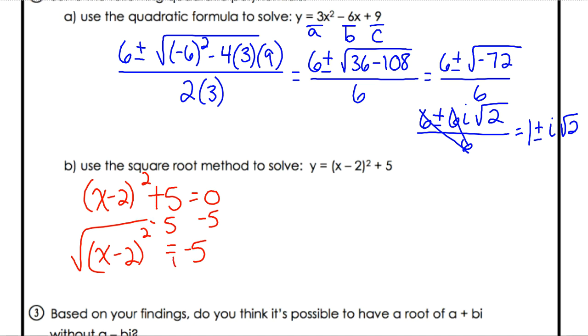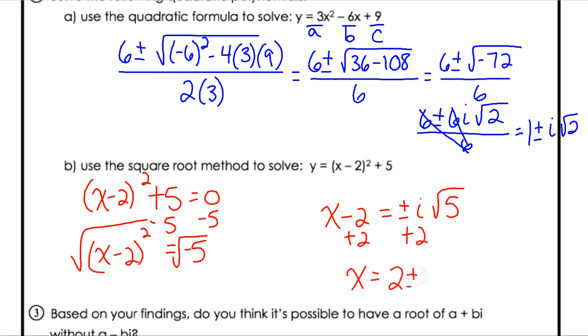I would square root both sides and get x minus 2 equals plus or minus i, for the negative, square root of 5. And then add the 2 to both sides. And my solution would be x equals 2 plus or minus i root 5.